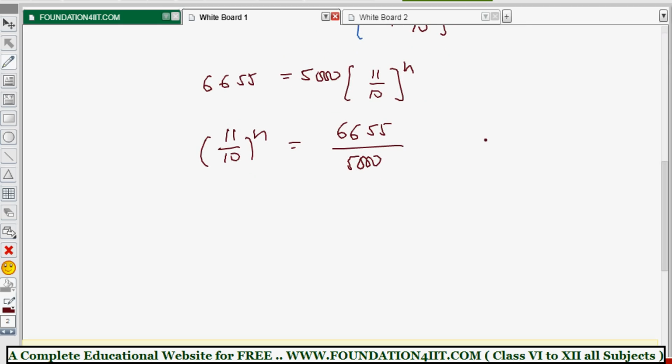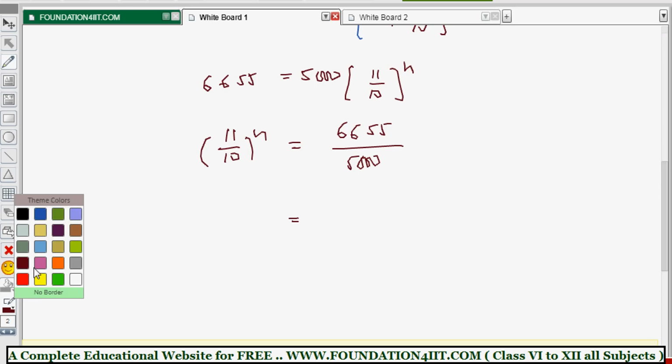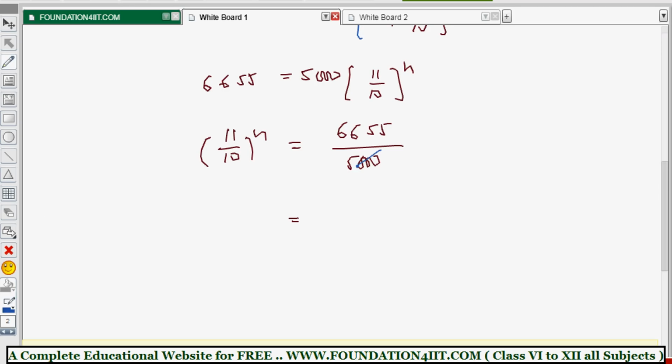Now we need to simplify this. The left side is 11 by 10. If we can make the same base on the right side, then the powers are equal. So we do the cancellation first: 5 ones are 5, 5 3s are 15, and we get 1331 by 1000.